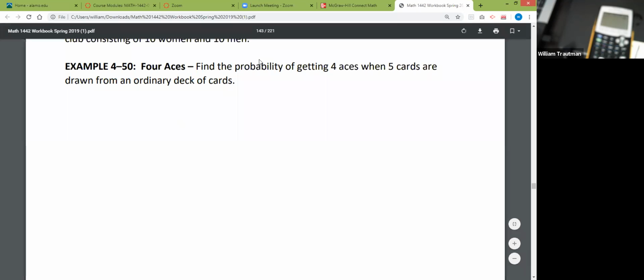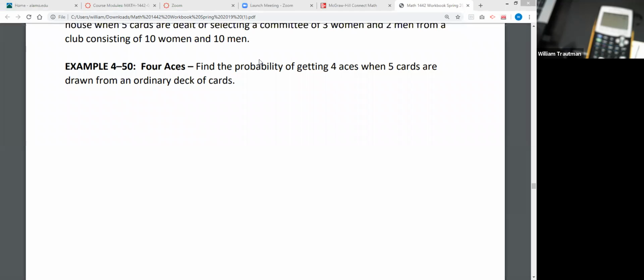So before, in 4.4, we were looking at how many different ways we can arrange those letters. How many different combinations, how many different permutations, how many ways of arranging. I say that over and over again.